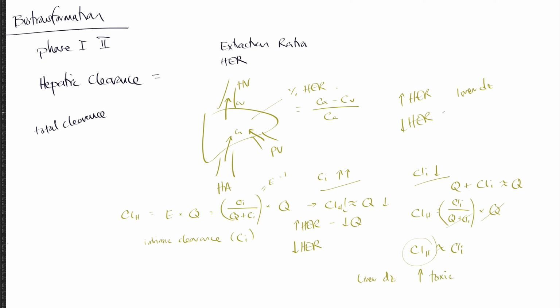But relatively high HER drugs may also be affected by, let's say, low cardiac output states, CHF, potentially renal failure. But more than anything, you'll have to know the clinically specific things that happen with any specific drug.